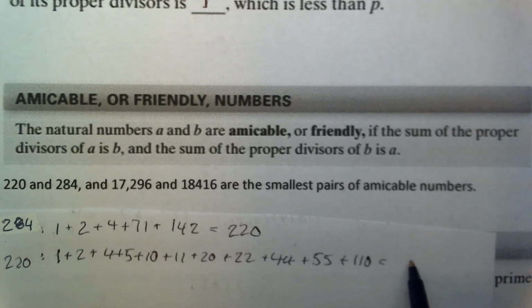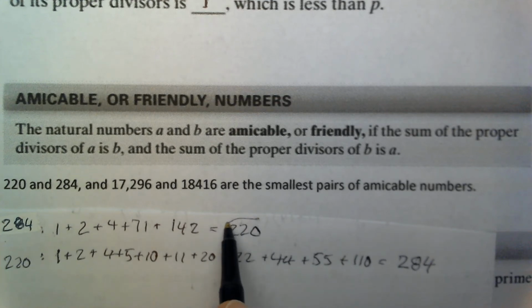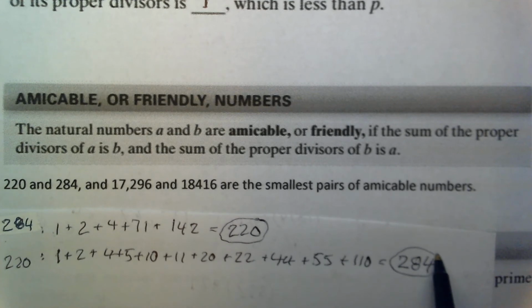And all that adds up to 284. So it's an example that 220 and 284 are amicable numbers. To prove it for the other two numbers takes a lot of space and a lot of time and a lot of work, so we won't do that here.